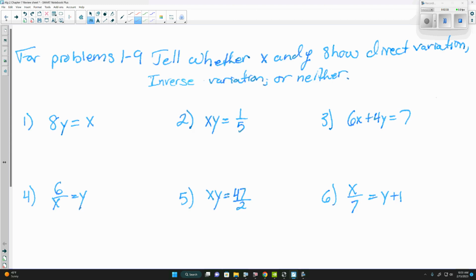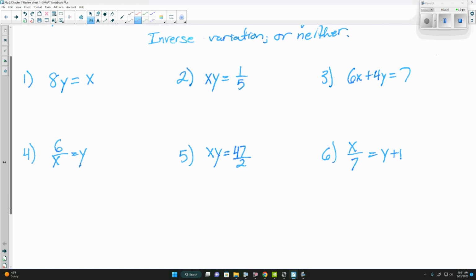So if we look at problems 1 through 6, we're just going through and determining is it direct or inverse variation. And if we look at number 1, it would be direct. Even though the 8 is attached to y, it really doesn't make a difference because we could divide it from both sides, it's still the same.